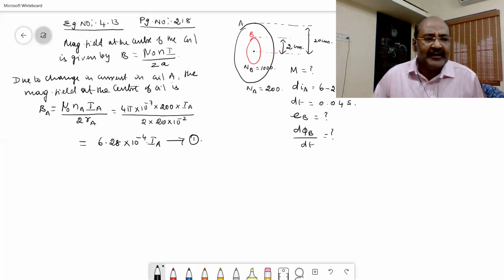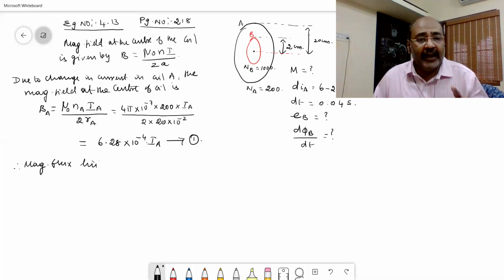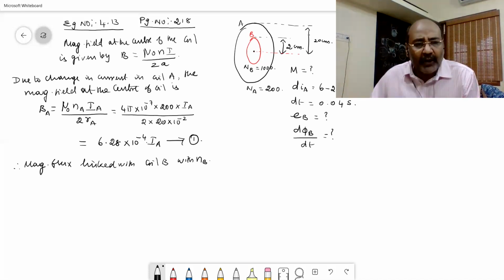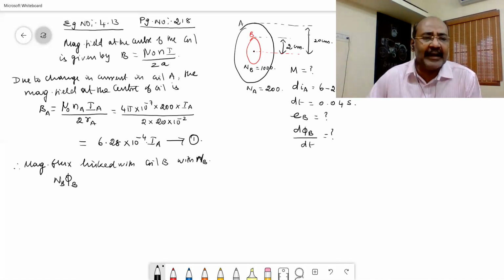So I am calculating magnetic flux linked with the second coil, or I can say linked with the coil B with number of turns NB. So the flux available is phi B, but due to the number of turns as NB, so I am writing it as NB. Okay, I am taking it as capital N, NB. Here also I can write this as capital N, no problem.